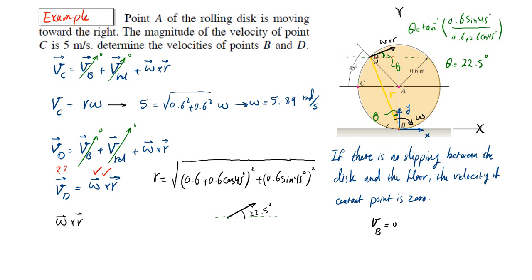That would be equal to r omega cosine 22.5 degrees in the I direction plus sine 22.5 degrees in the J direction.